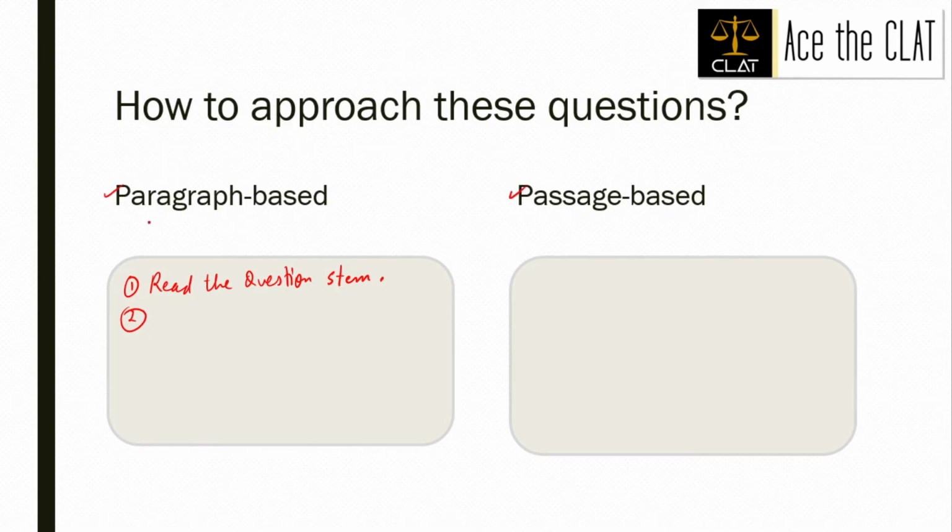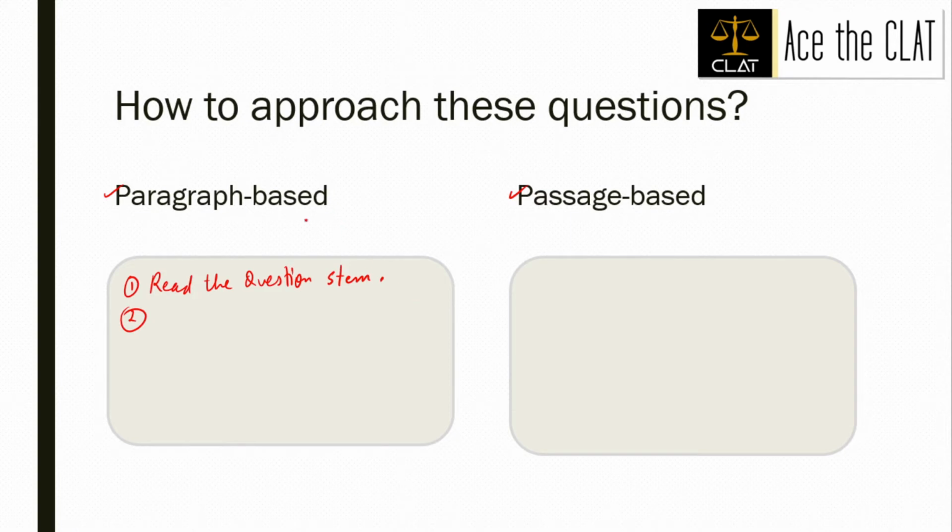I am talking about paragraph based right now. Reading the question stem is important, guys, because as I told you, the question setter may create a trap over there, right? Most weaken बोल सकता है या फिर least weaken बोल सकता है. Least weaken would in fact mean strengthen, right? So इसलिए reading the question stem carefully is the first thing you should do.